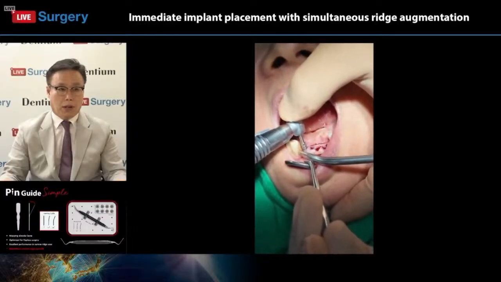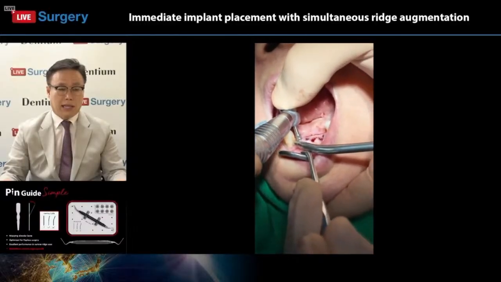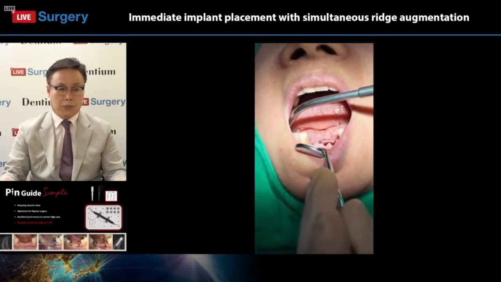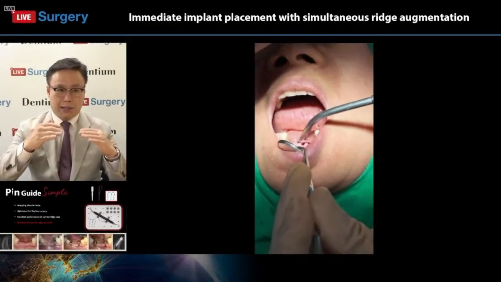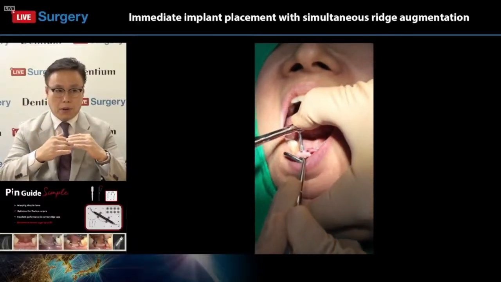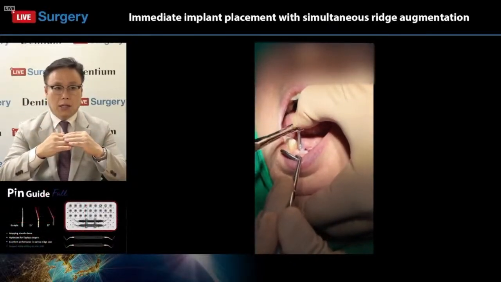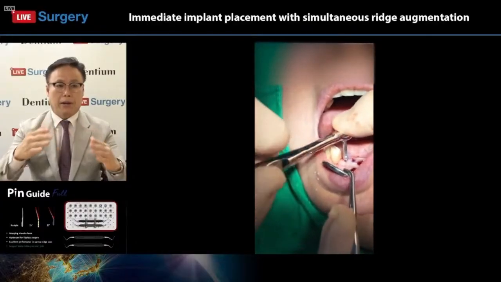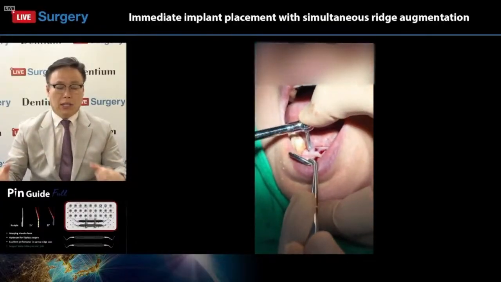The bone level implant. As I mentioned, the reason why I didn't use the tissue level implant for this specific case is that we have to place the implant a little bit deeper than usual. In that case, I think the bone level implant is better than the tissue level implant.